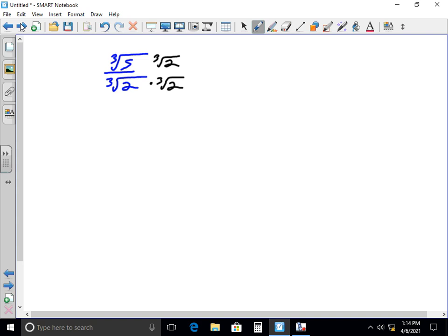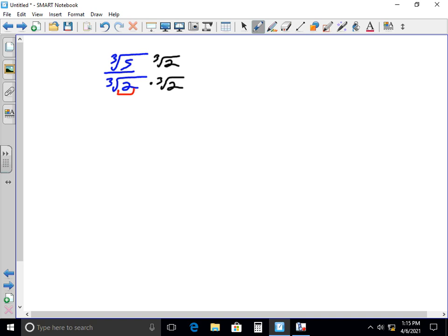So why does that not work? That doesn't work because when we're looking for a cube root, we're looking for the same factor repeated how many times? 3 times. So if we start out with this 2 under the radical, in order for it to come out, we need 2 more 2's, don't we? Not just 1 2, we need 2 2's so that we have a total of 3.